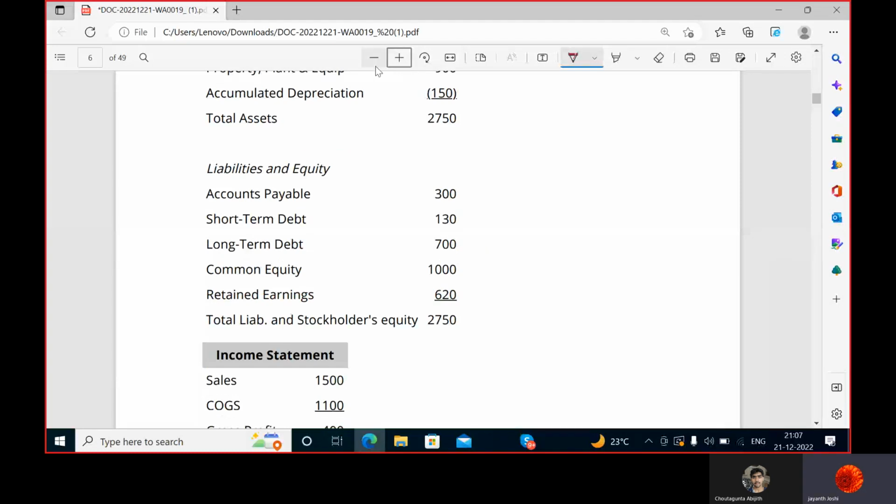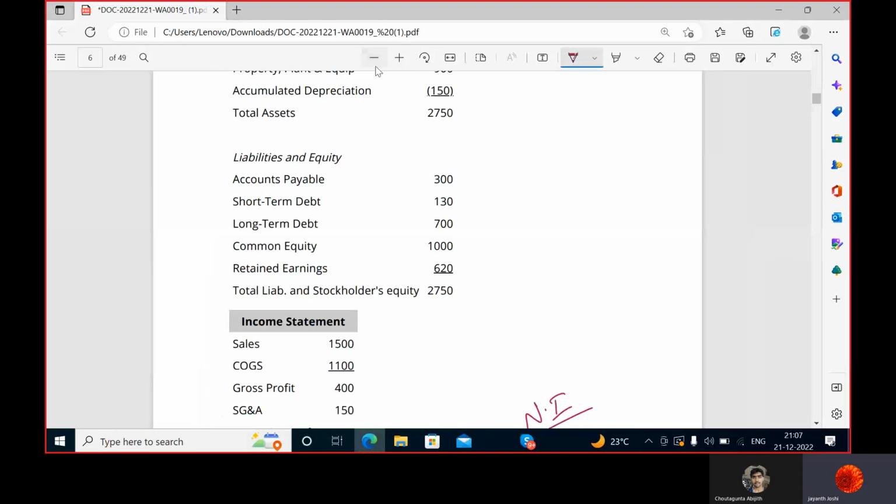I'm just zooming out. Can you see now everything? Yes. Okay, so common equity is 1,000. 1,000 plus retained 620. Everything is in front of you. Just give me a second.